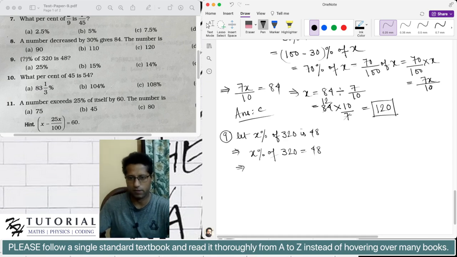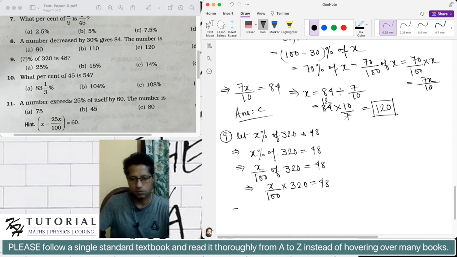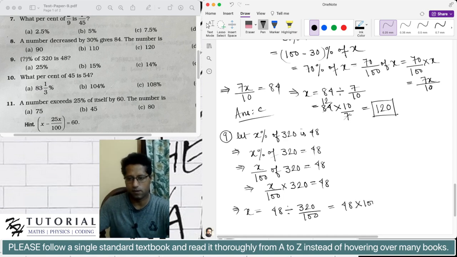Now x percent of 320 means x percent means x by 100. So x by 100 of 320 is equal to 48. Of operator means multiplication. So we have x by 100 multiplied by 320 is equal to 48. So this implies x will be equal to 48 divided by 320 by 100. This is equal to 48 multiplied by 100 whole divided by 320.